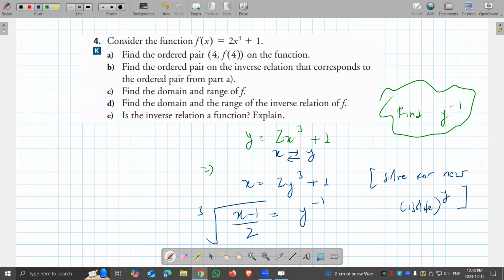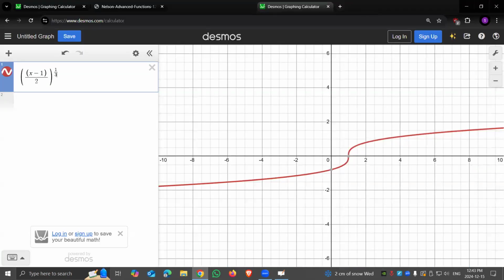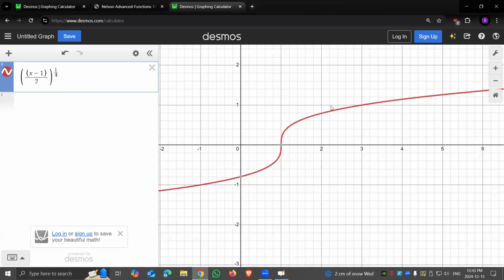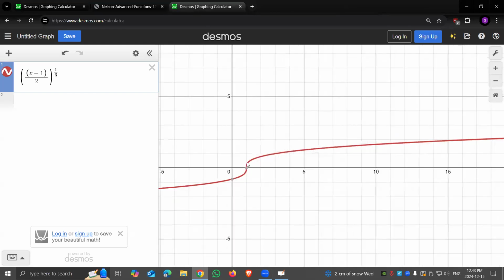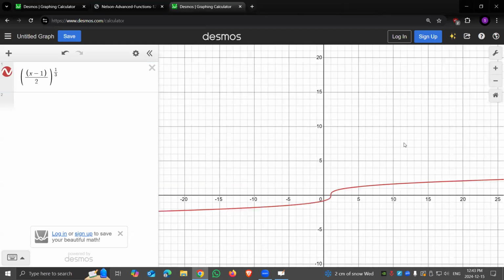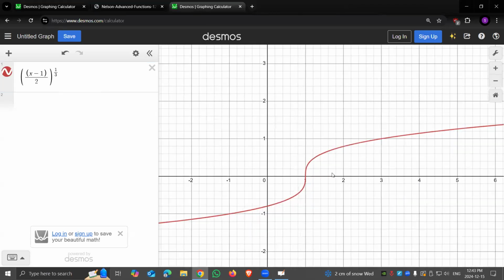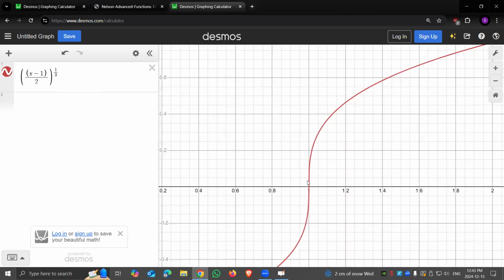So this function looks like this. Is this a function? Yes, looks like it is. The only place where it could fail is here, but I think it's just crossing it.